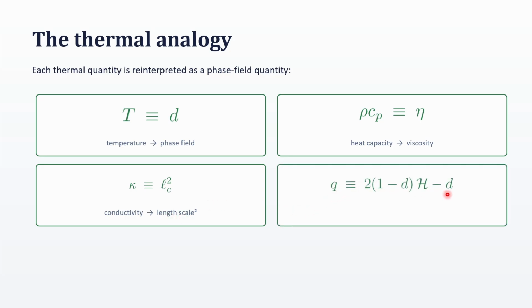And the heat source term Q becomes the crack driving term containing the history field. We set the coefficient of thermal expansion alpha T equal to 0. The temperature degree of freedom is the phase field. It is not real heat, because we are just finding an analogous equation.